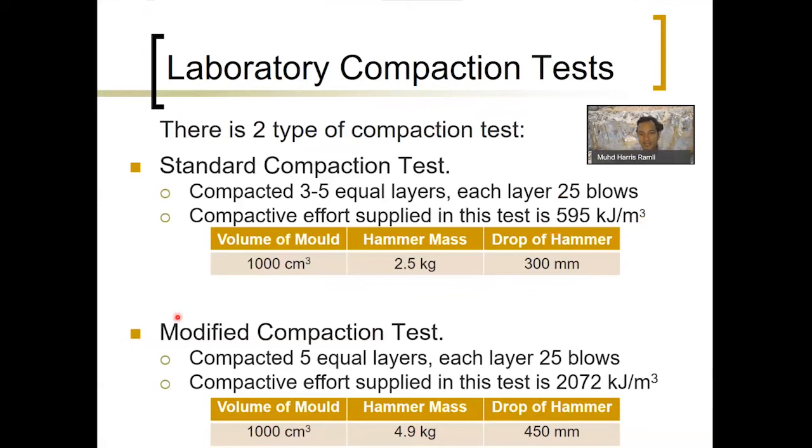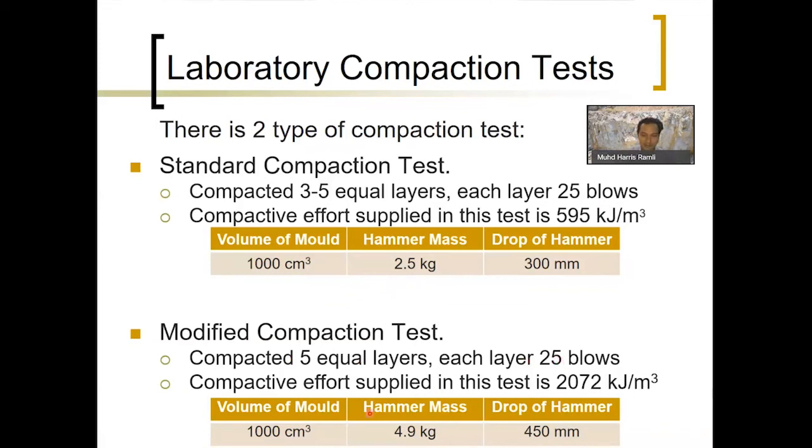And you have another type, the modified compaction test, compacted in 5 layers compared to the standard compaction, where usually people do 3 layers. Within the compaction mold, we mark 5 layers: you take the height, divide by 5, then mark 5 layers. Each layer is given 25 blows in a circular motion as well as in the middle.